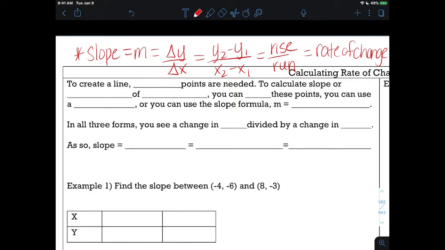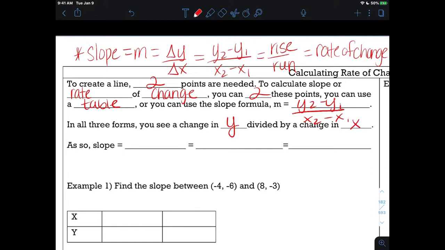Okay, so in order for us to create a line, we need exactly 2 points. To calculate a slope, or also called my rate of change, I can use these 2 points, and I can use a table, or I can use the formula. In all three forms, you see a change in y divided by a change in x.